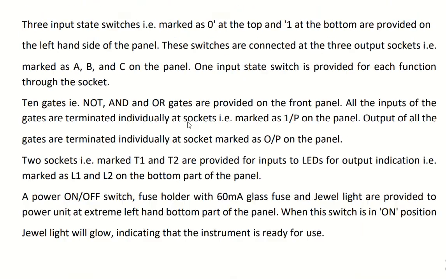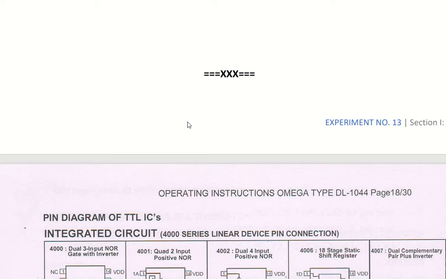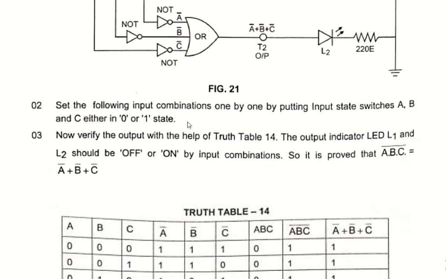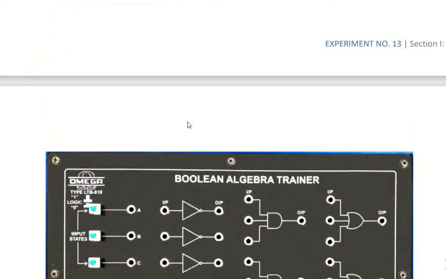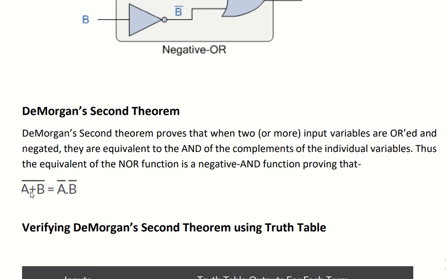What is the statement of DeMorgan's second theorem? We have to take the OR of the two variables first, and then we have to take the AND of each of the complements of the variables. Definitely after doing the OR operation we have to take its complement.